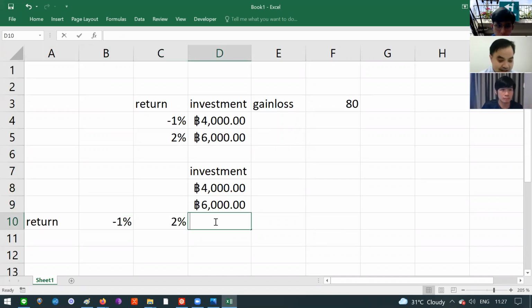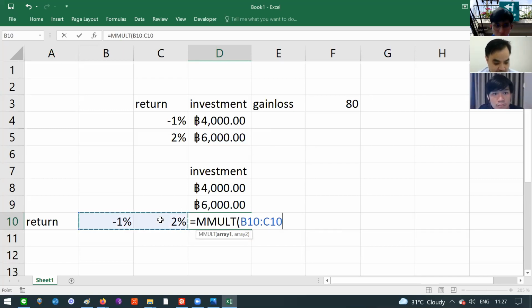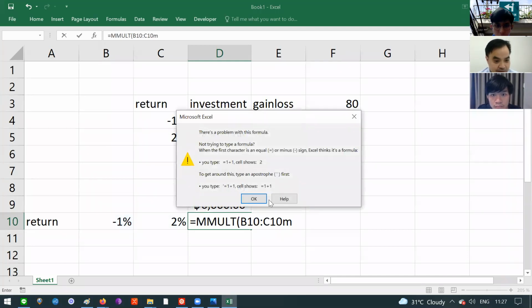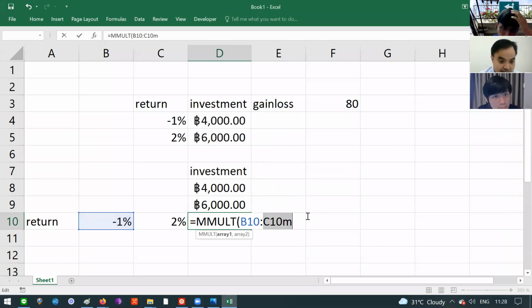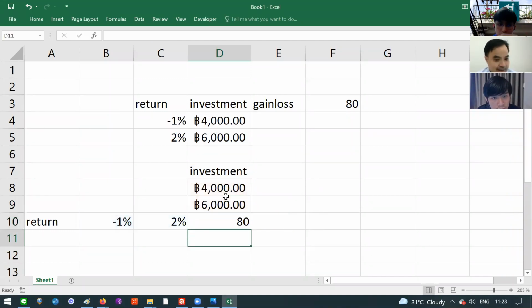Here, I would say equal to MMULT, don't ask me why, of this guy, comma, this guy. So the word dot product is written as MMULT.